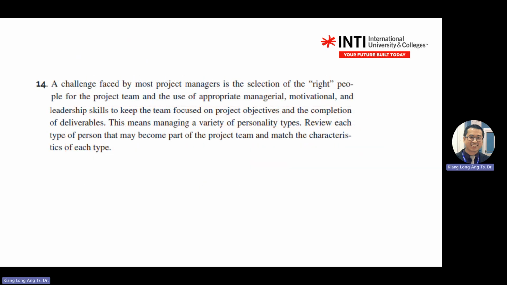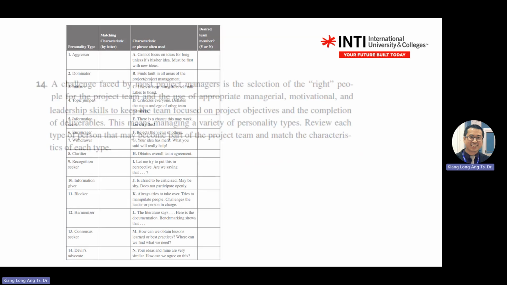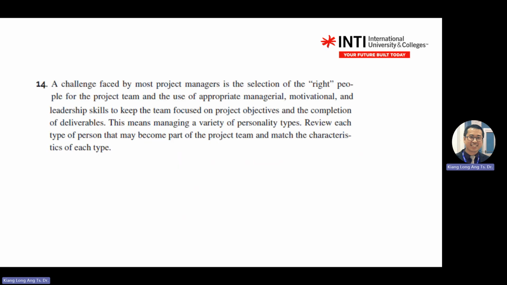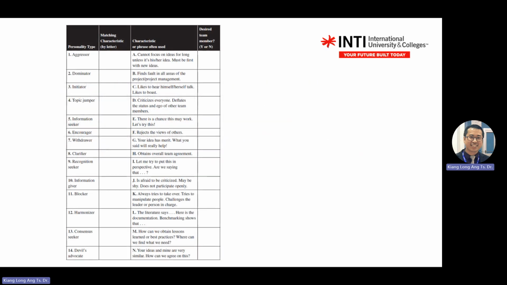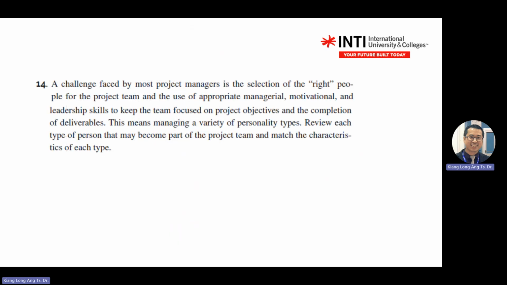This one is review type of person. In your table there, you review each type of person that may be part of the project team and match the characteristic types by letter.